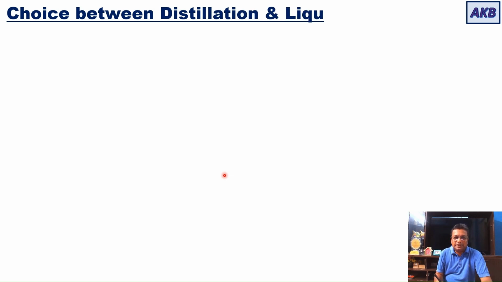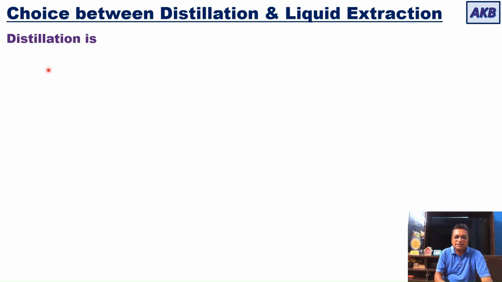Now, first thing is, if you have a choice of selecting either distillation or liquid extraction, then what will you do? Let us understand. If there is a choice, both can be selected, then distillation is always selected.